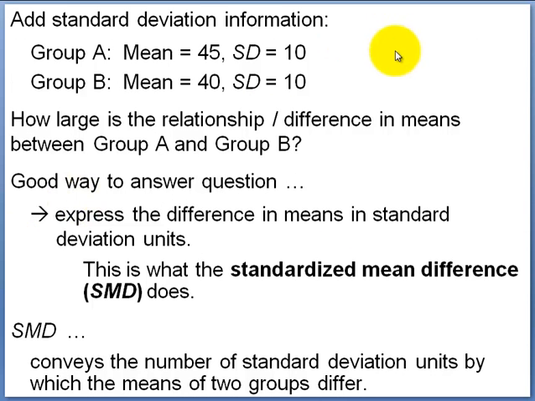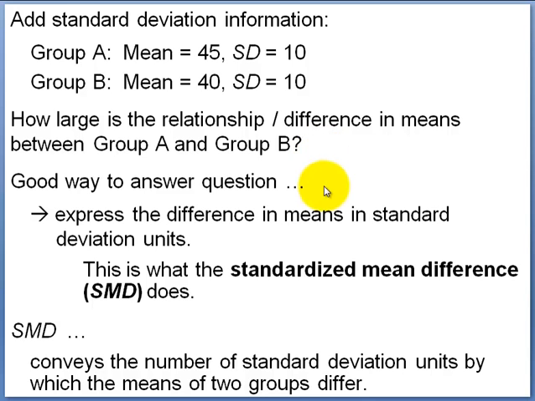Now let's go ahead and add information on the standard deviation. So the information added here is that the standard deviation in each of our two groups is 10. Now let's ask the question, how large is the relationship? Or we can equally say, how large is the difference in means between group A and group B?